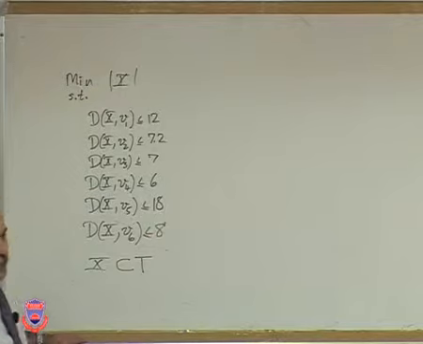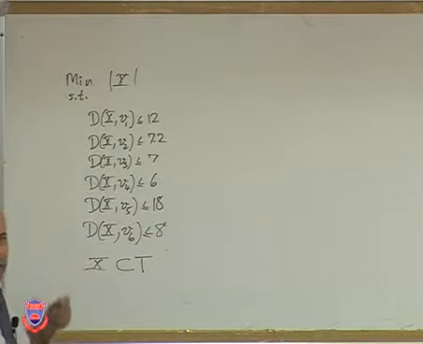Why is it that the solution cannot be any smaller than 4? That's the question we're raising.